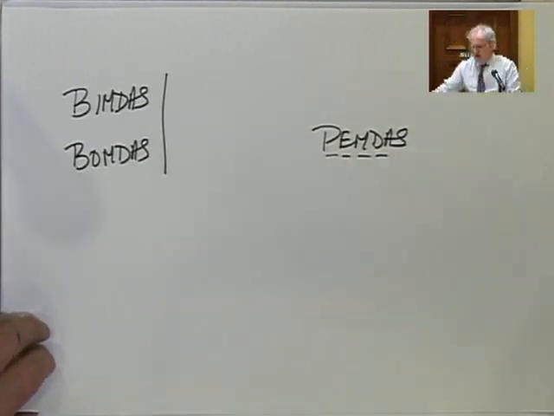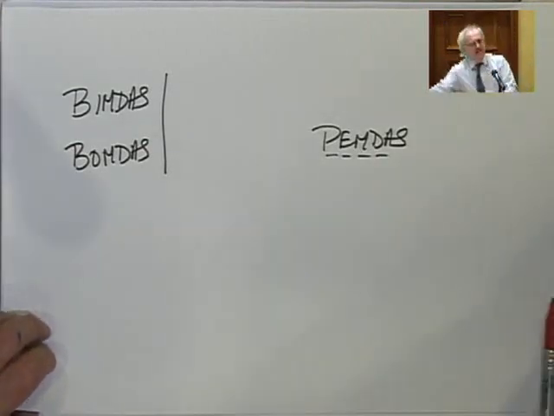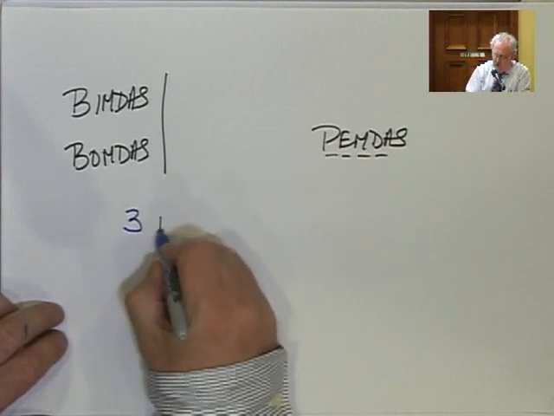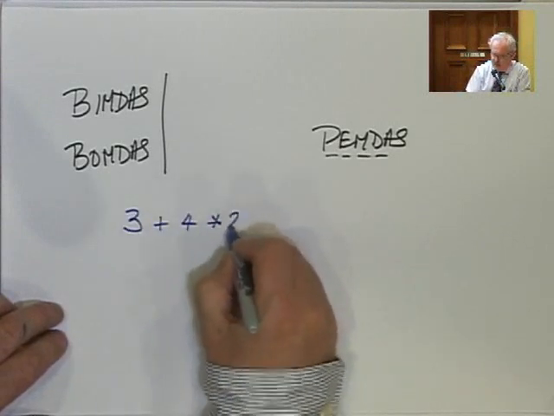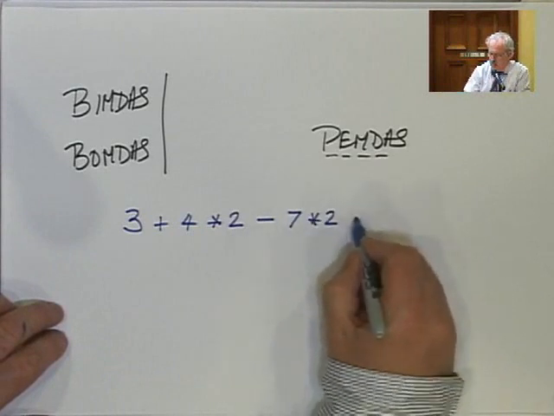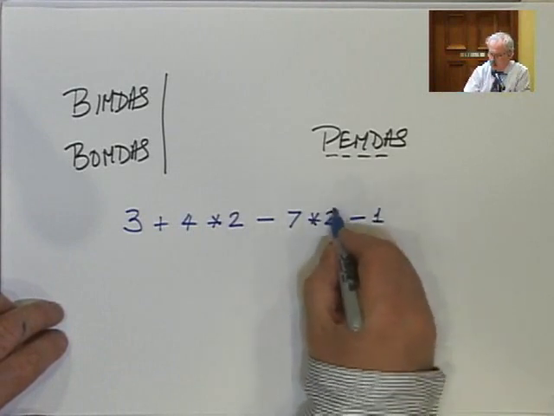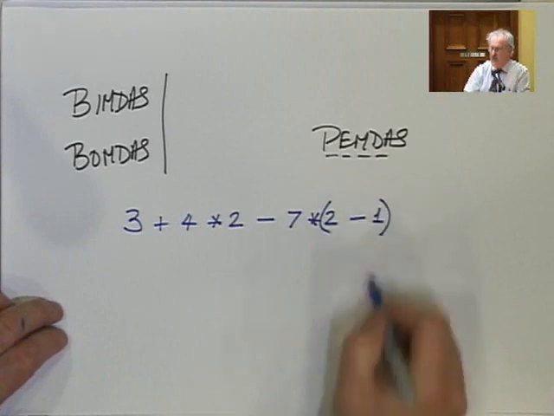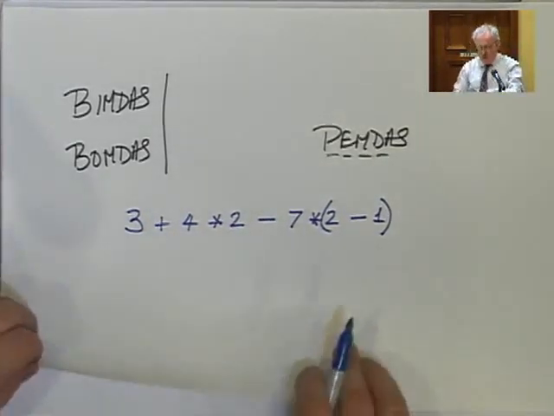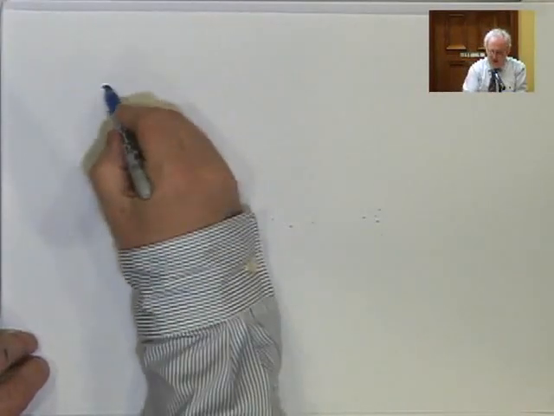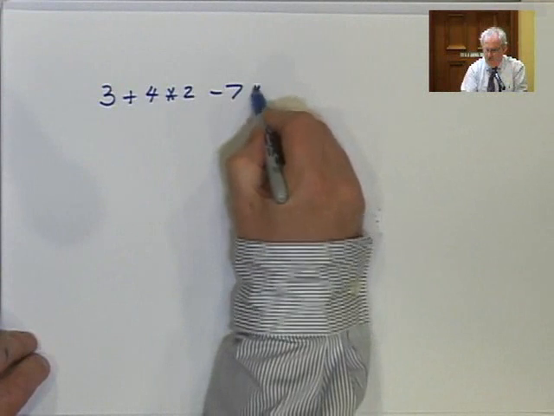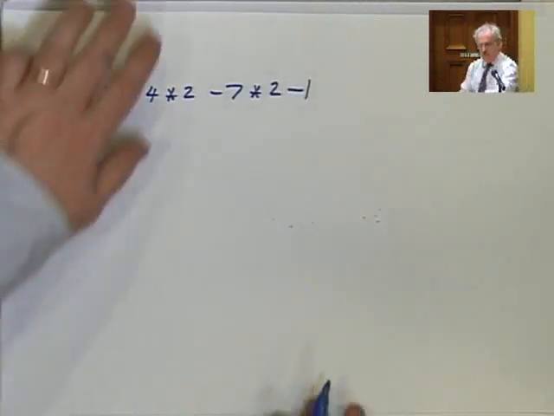But why do they do that? What they're saying is that if you take a set of numbers like this, and I ask you to calculate them: 3 plus 4 times 2 minus 7 by 2 minus 1. Or maybe I'll leave it without that there. I'll just say 3 plus 4 by 2 minus 7 by 2 minus 1.